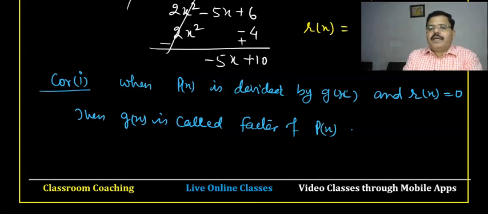Gx is called a factor of px. If px is divided by gx and the remainder becomes 0, that is divided completely.